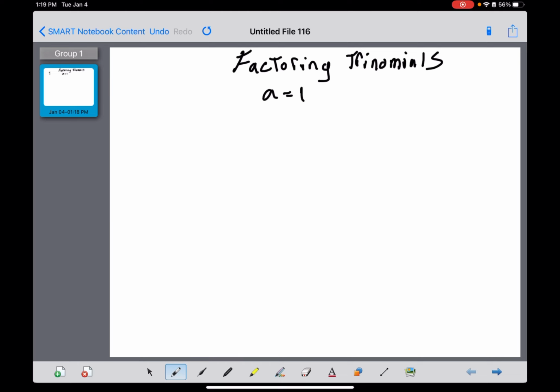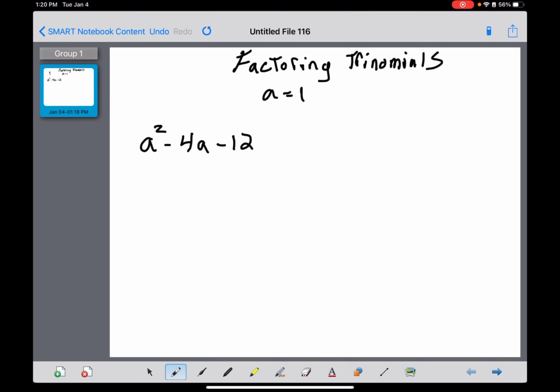So we're going to factor trinomials today, again, where our a value is 1. What we're talking about is something like a squared minus 4a minus 12, where we're going to factor this into 2 binomials.